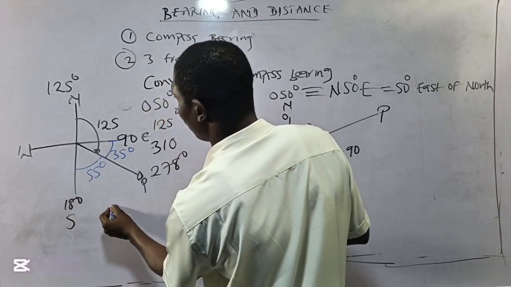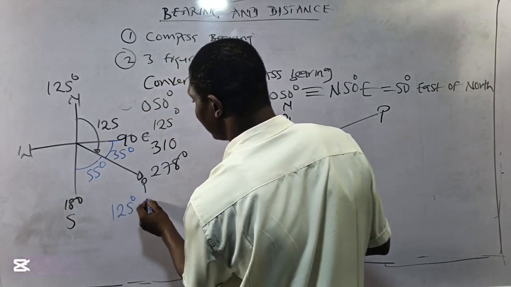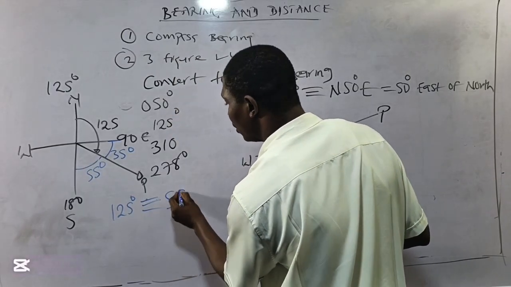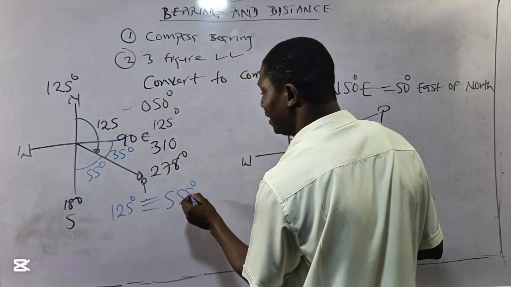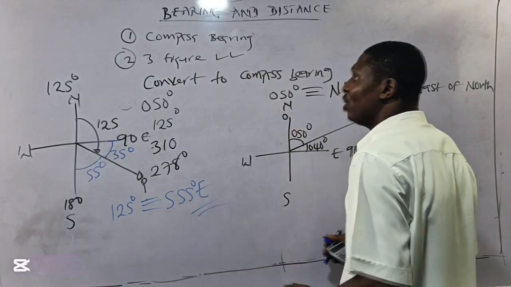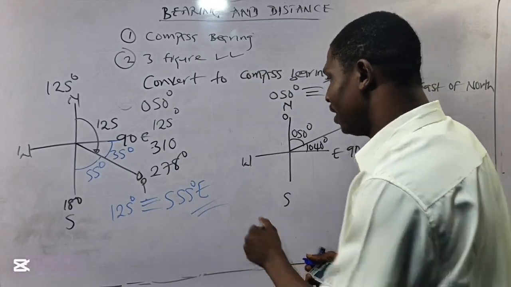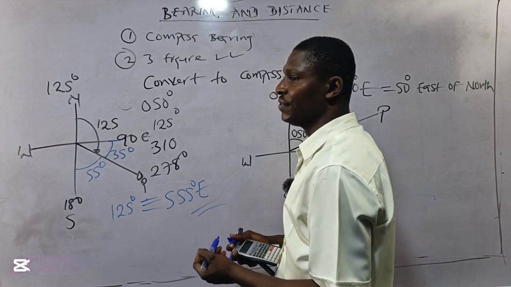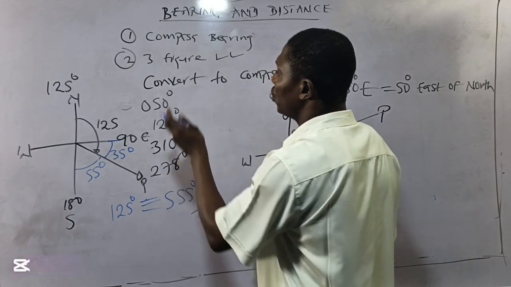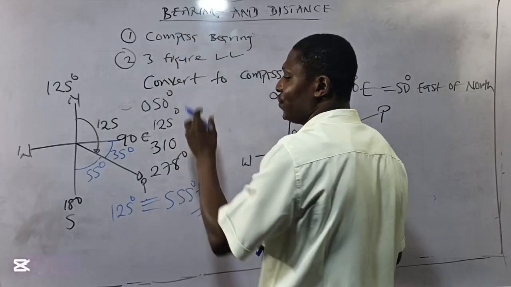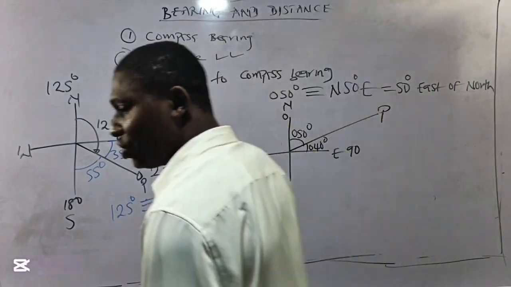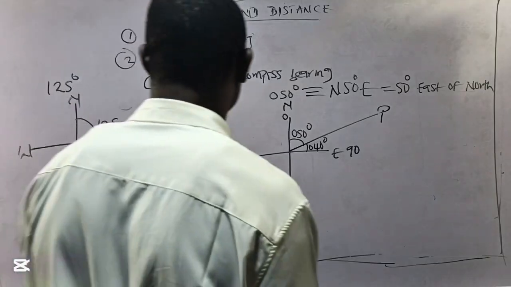So 125 degree is equivalent to south 55 degree east. Take note. For compass bearing, you only have 2 digits. You don't have 3 digits. You don't need to put 0 here. You only use 3 digits for three-figure bearing.